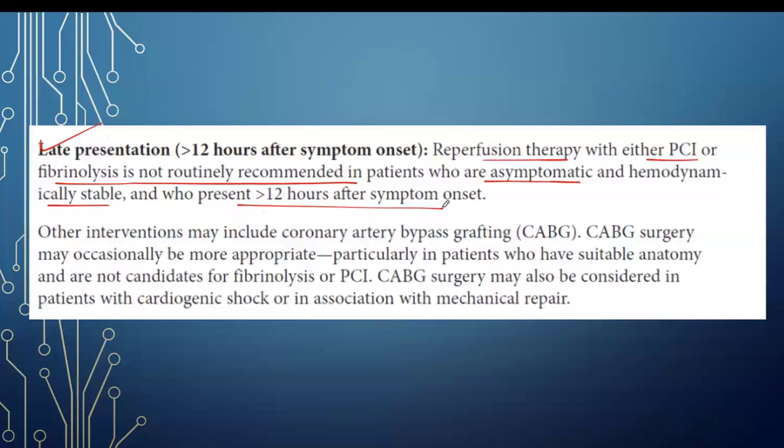So for those patients, it's no longer called a reperfusion strategy. Ideally, you first send the patient for an angiogram. The angiogram will find out how much blockage there is, and then it will decide if that patient will require a CABG or a stent.